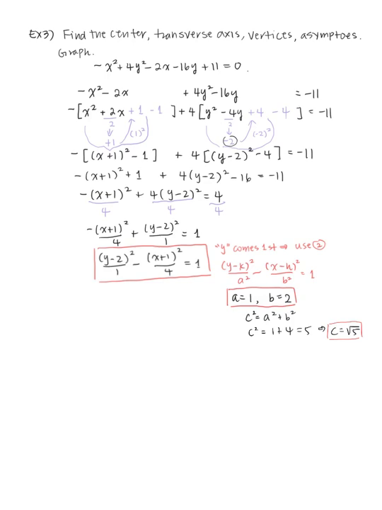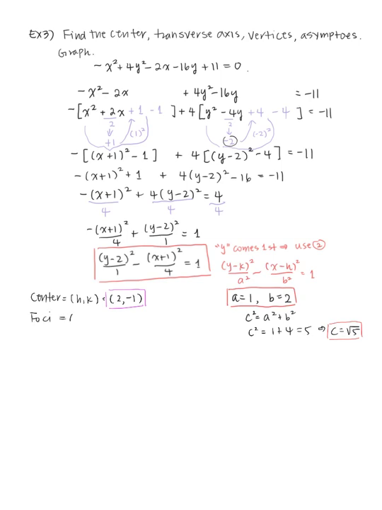So let's first compute the center. Center is h comma k. So in this case, we get 2 comma negative 1. All right, now who's next? Foci. Let's deal with the foci.